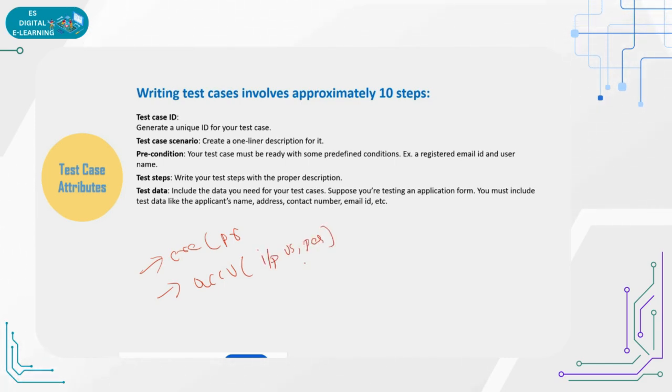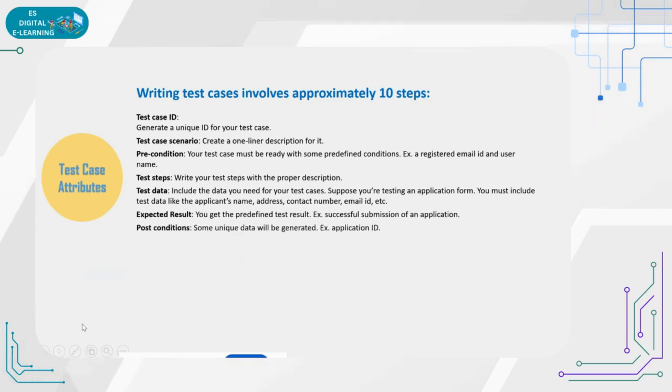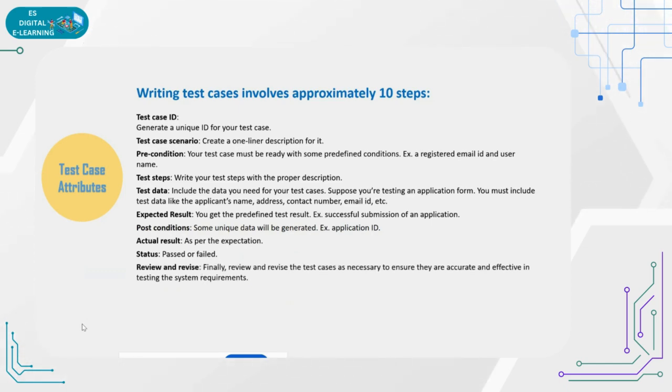That is the user data you give to the account to unlock. And the expected result and post conditions will be there, and actual result and status, whether it is a pass or fail, and review and revising. These are the options we usually have.